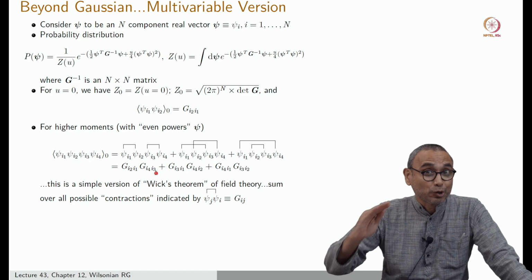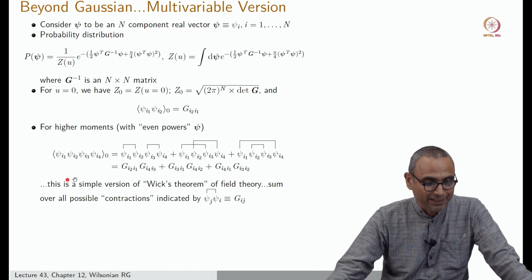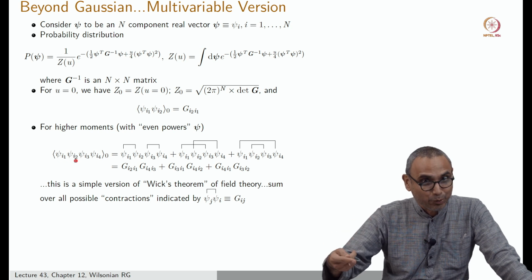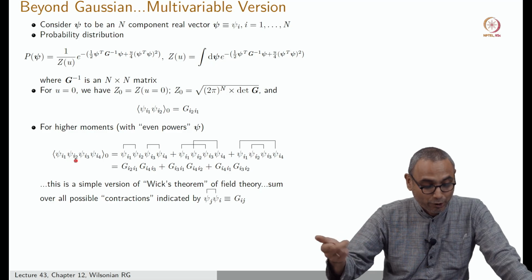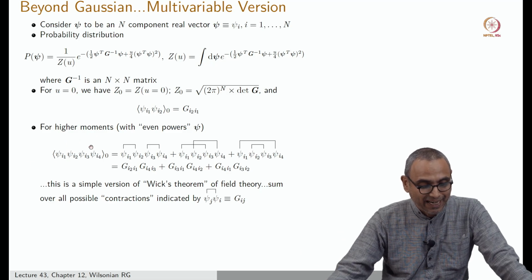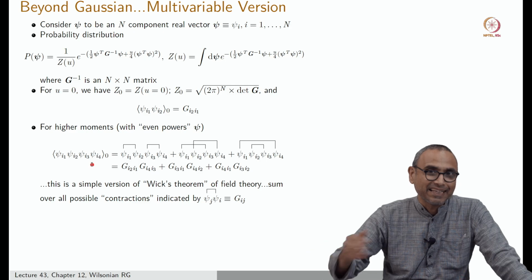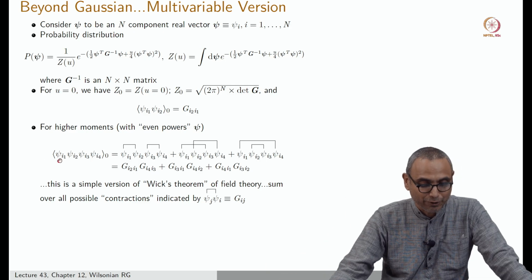Now you have to do all possible pairings. What are all the possible pairings? I1 can be paired with 3 of them, and I2 can be paired with the remaining 2. Once you pair I1 with one of the 3, the other pairing is automatically made for you. So for this product of 4 psis, there are 3 possible pairings which I have listed.